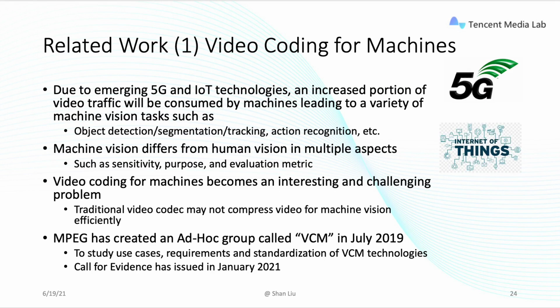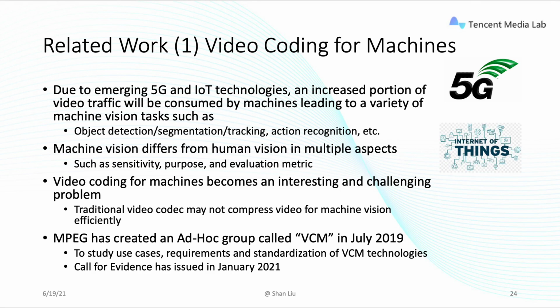There are a couple of research and standardization directions I'd like to mention, which might be related to the main topic of today. The first one is video coding for machines. According to some independent reports, the volume of video consumed by machines is exceeding the volume of video consumed by humans.